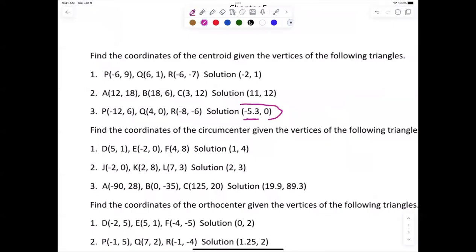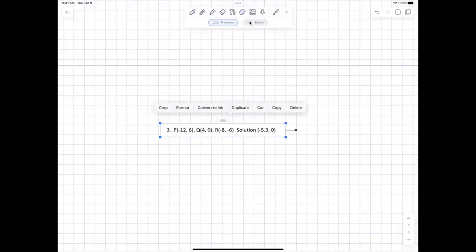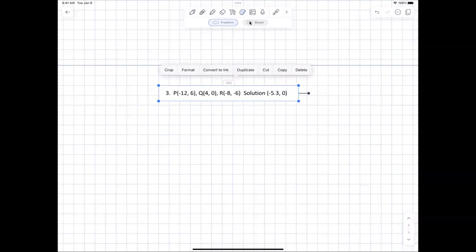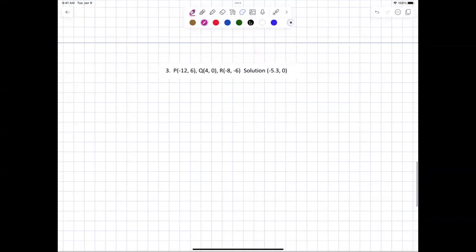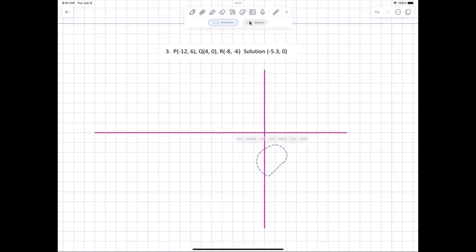Let's pull number 3 and see if we can get this number. -5.3 comma 0. So now this is kind of awesome. -12.6. 1, 2, 3, 4.